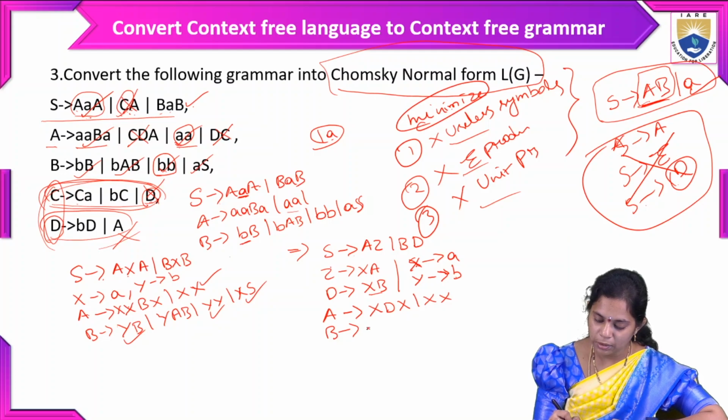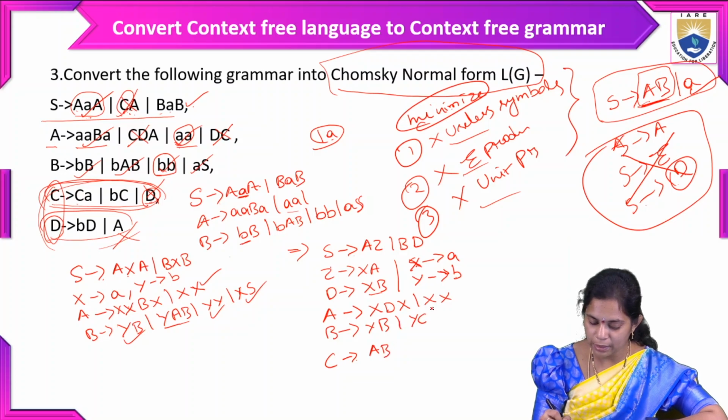And here, YB is there, and here YAB is there. If you write one more value, C tends to AB. So here Y, C, YY, YXS. And here only this thing is left.